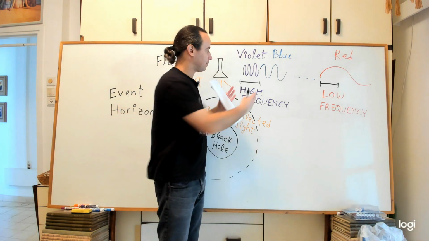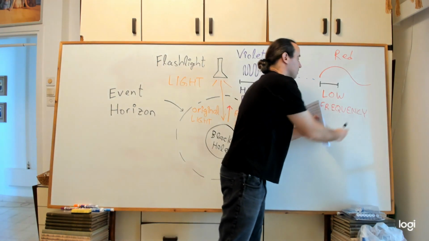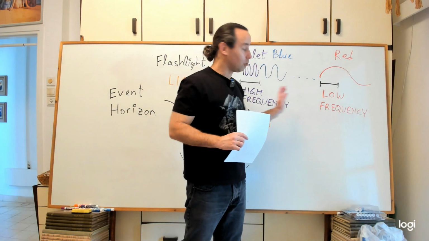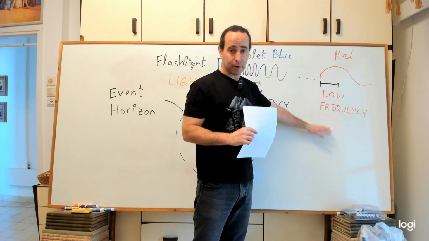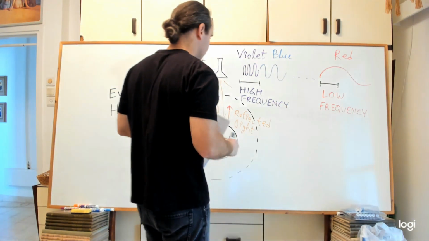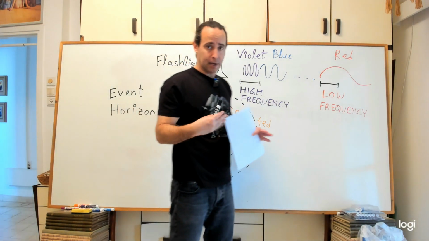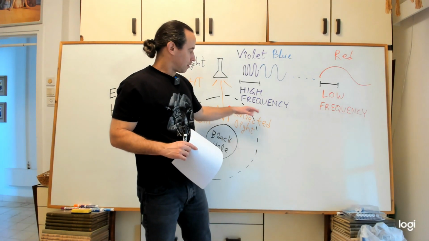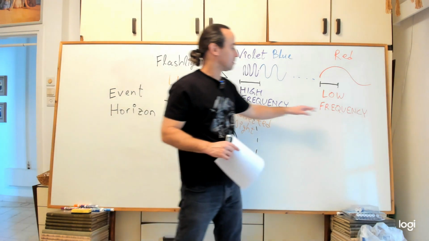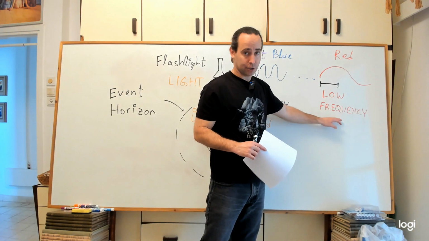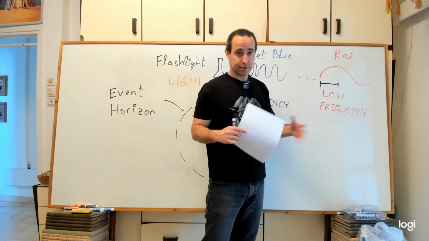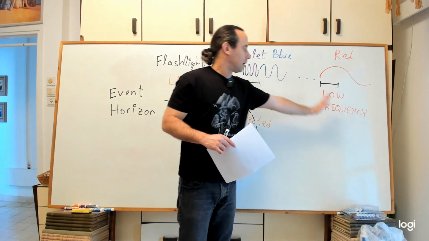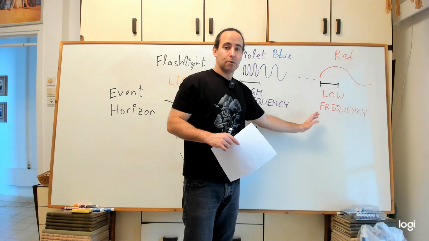It has a lot of energy, and this is low frequency. The more we go to low frequency, the more we lose energy. The frequency and the energy go together. So this is high energy with high frequency, and this is low frequency and low energy. Energy and frequency, for us, it's the same. So the more you have low energy, the more you go towards the red.